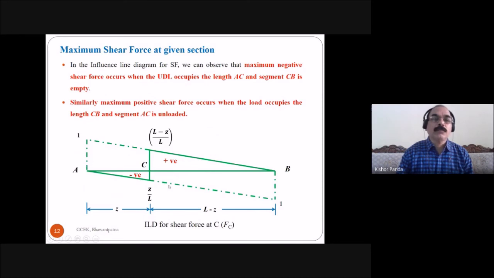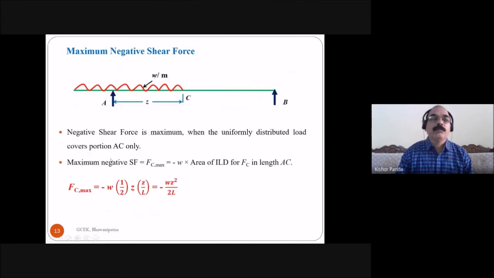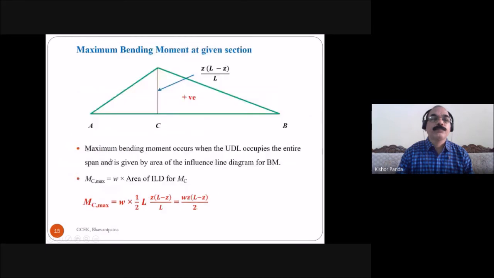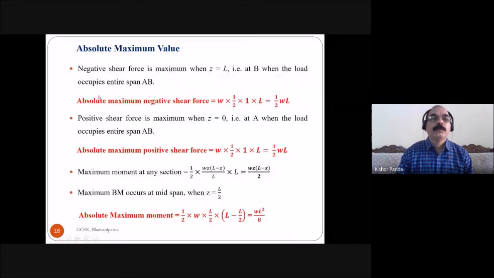So what you have to do here? You have to take this area into W. For the absolute negative shear force, you have to take this total area into W, and for the absolute maximum positive shear force, you have to take this area into W. So the absolute maximum negative shear force is equal to W into half into 1 into L. This is equal to half WL.